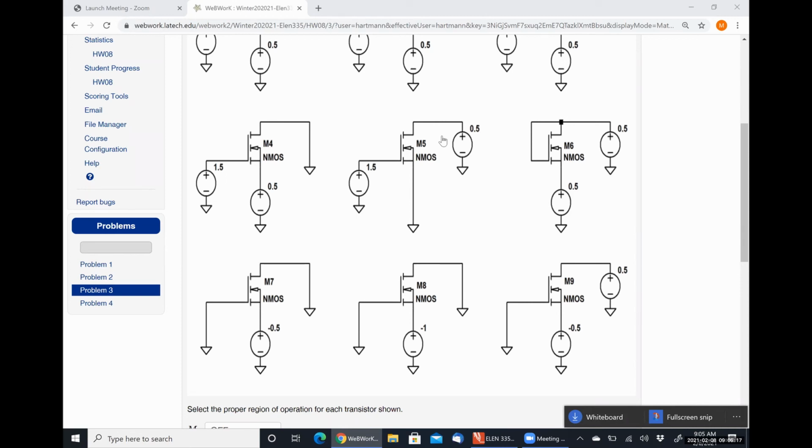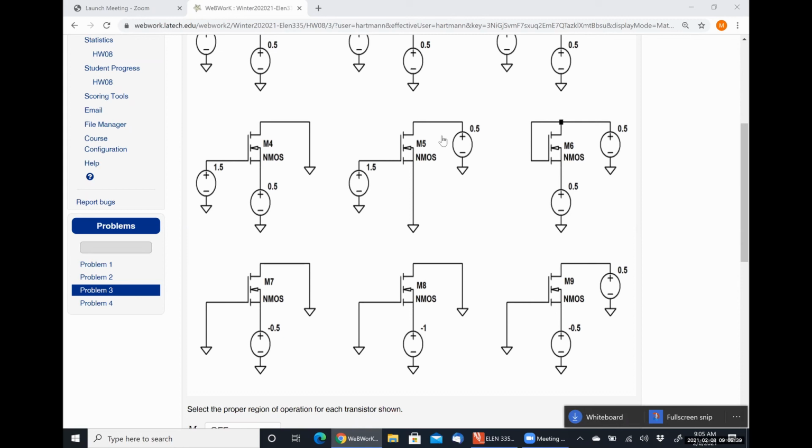So this guy is going to have to be in saturation because we have to subtract the threshold voltage from VGS. So VGS minus VTH in this case would be 0.6 volts. VDS is 1 volt. 1 is greater than 0.6, right? Yeah, so everything you did was correct except forgetting to subtract the threshold voltage from VGS.